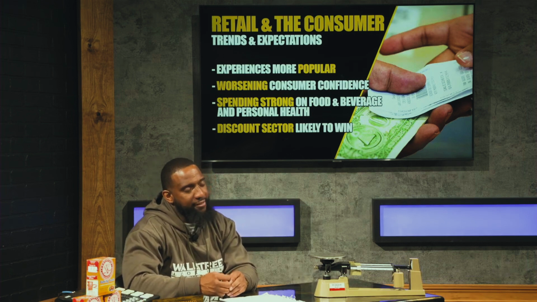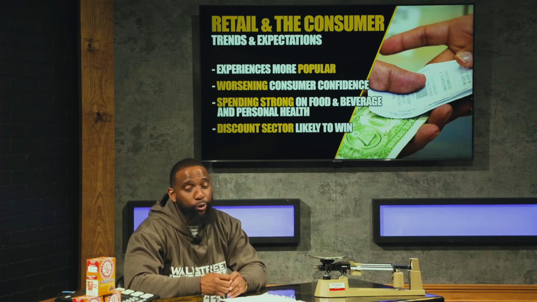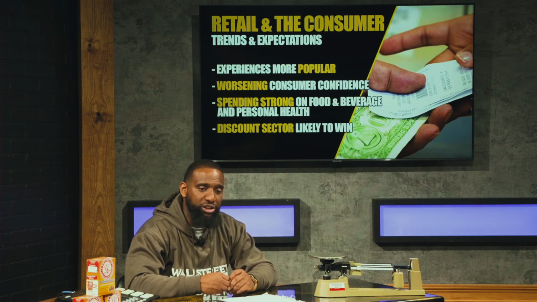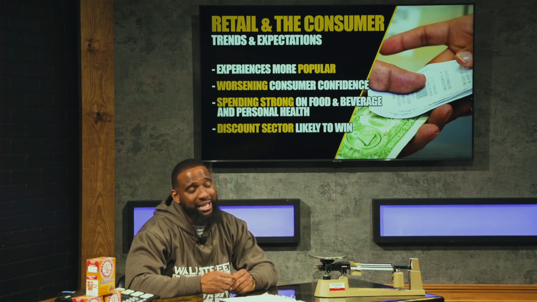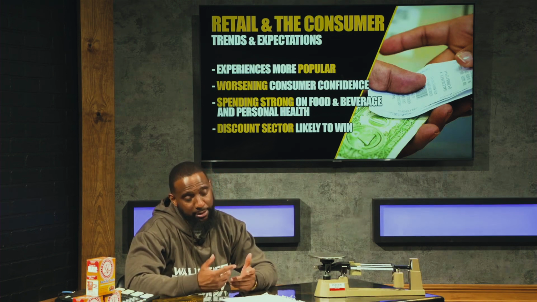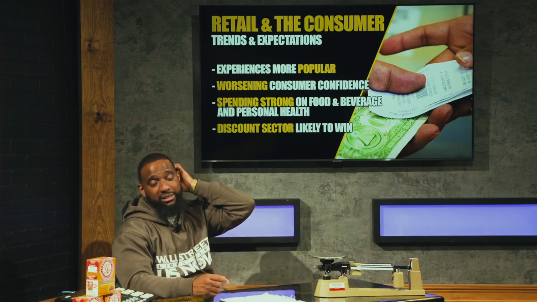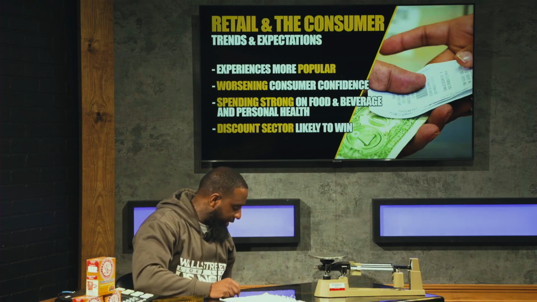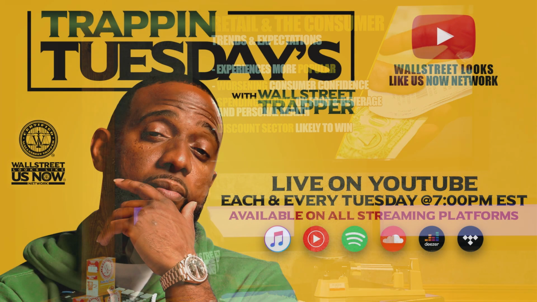I think you should have some type of exposure to the Family Dollar, the Dollar General, the Dollar Trees, because I don't think consumer confidence is where it should be. But I think people are still spending money. Again, credit card debt is up 78%. So that discount is always baked in a premium.